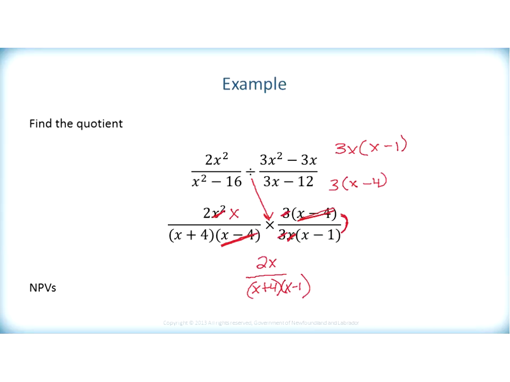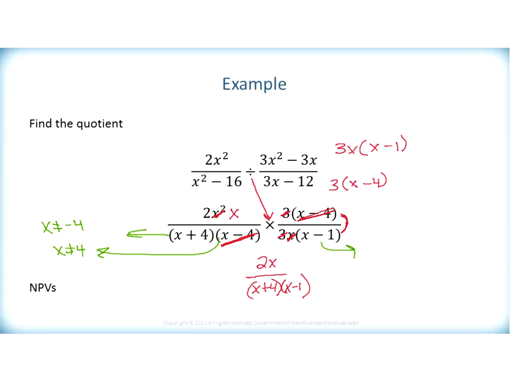We have to look now for our NPVs. Our NPVs will include anything that has been in the denominator. So we have, in this case, x cannot equal -4, and x cannot equal 4.